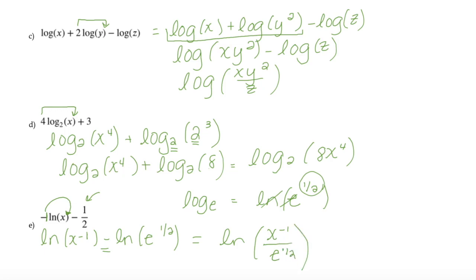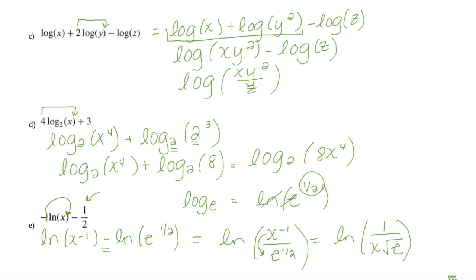And simplifying one step further, I know that a negative exponent helps me move it to the denominator. I also know that I can turn my 1/2 power into a radical. So the natural log of 1, since nothing's left in our numerator, over x times the square root of e.